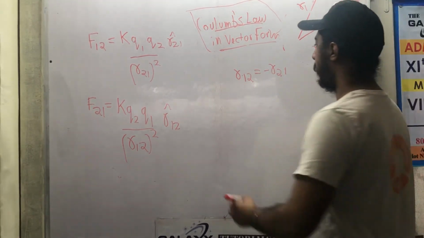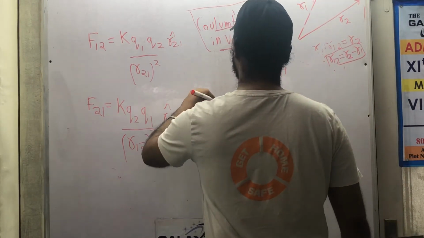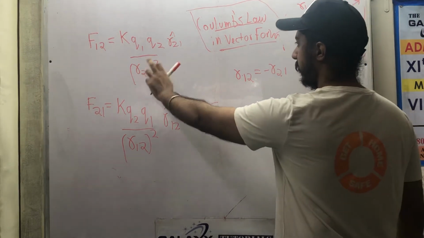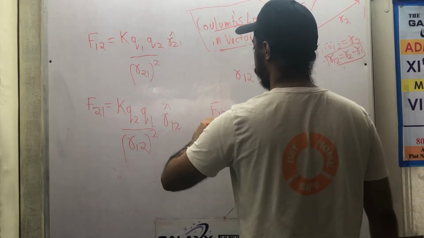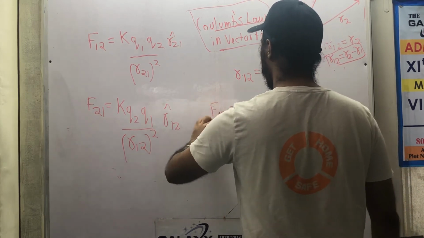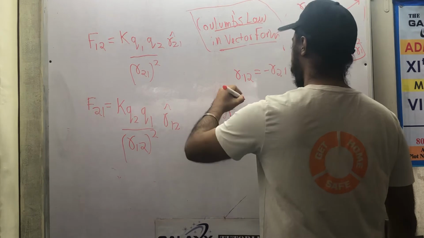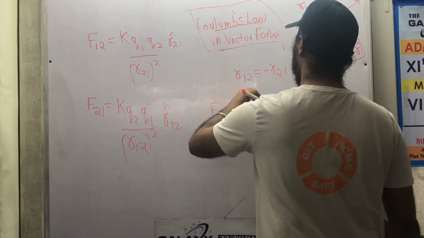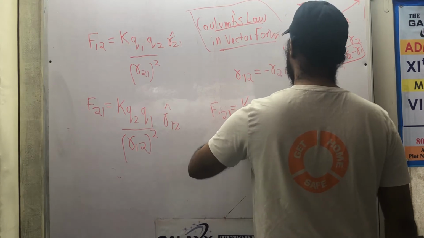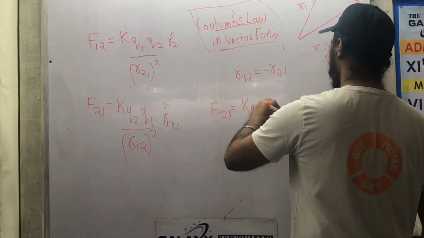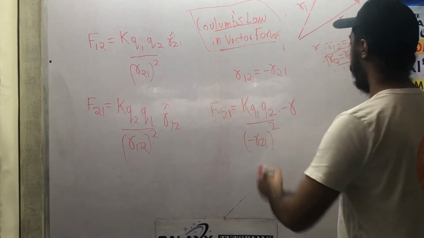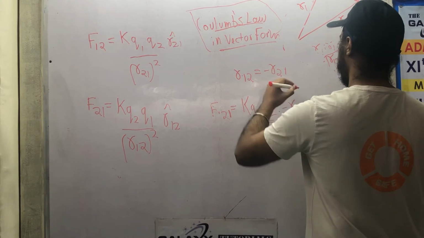What will you get? I will substitute this value in this equation. So F21 you will get as K Q1 Q2 upon minus R21 whole square, into minus R21 cap.